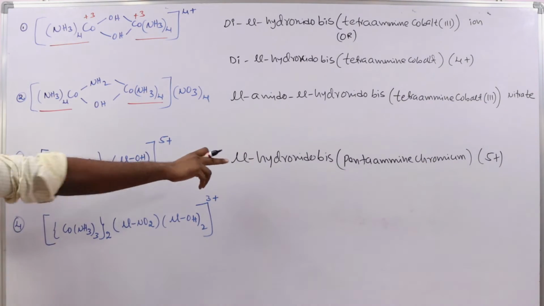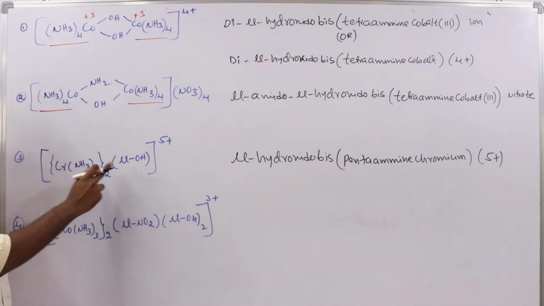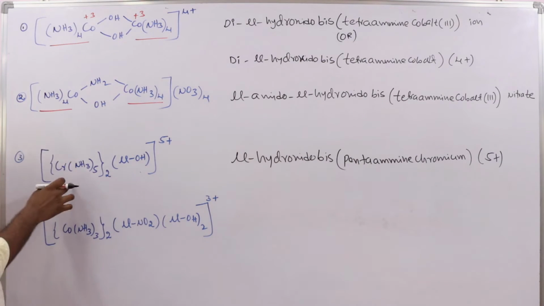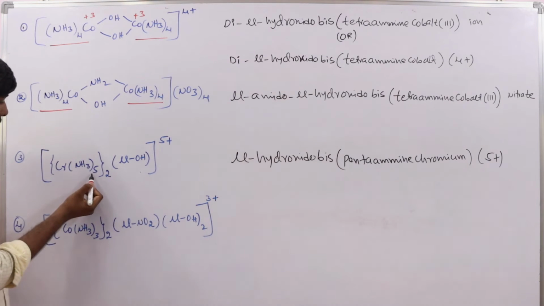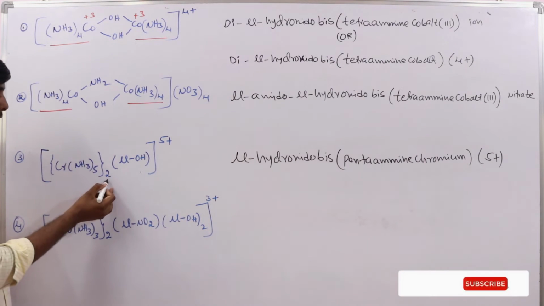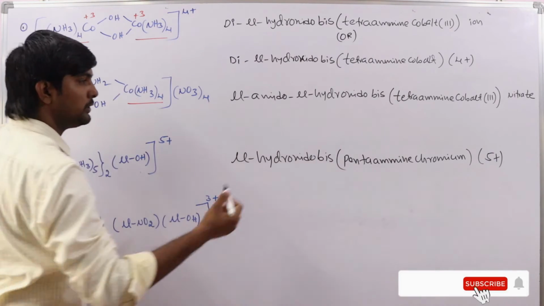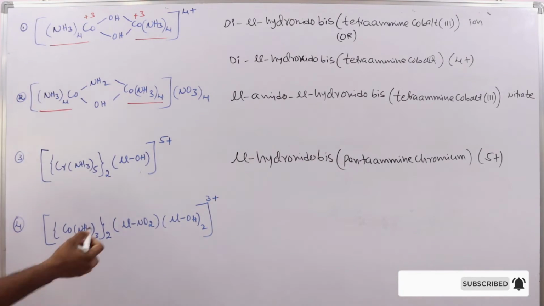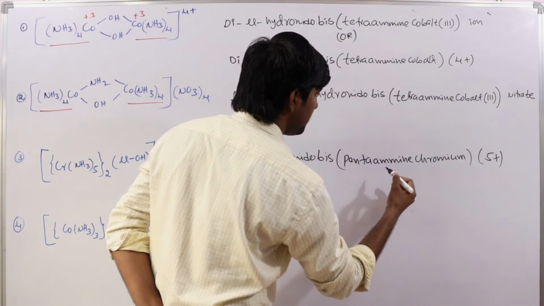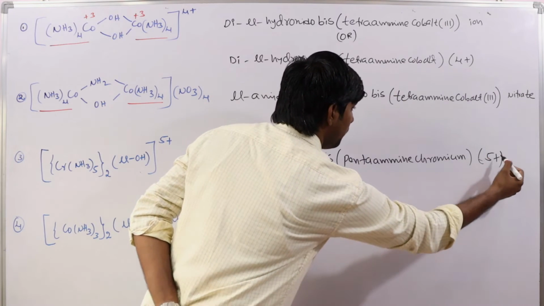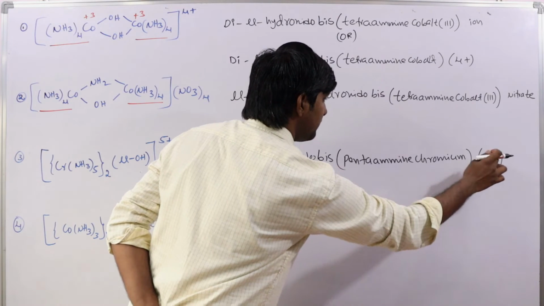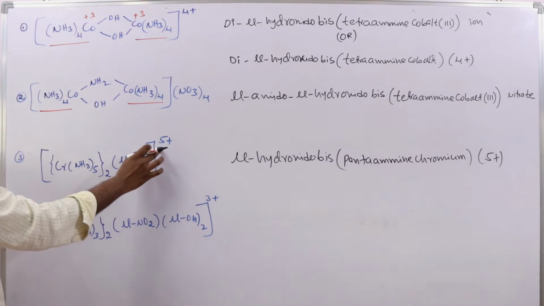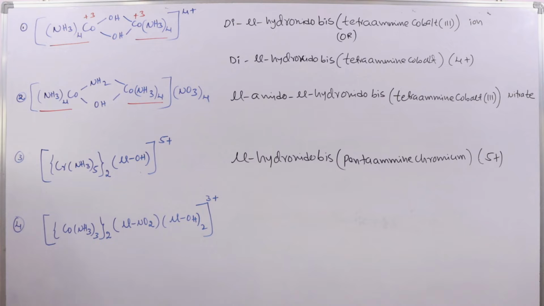So mu hydroxido, the first bridged ligand name, and then bis pentaamine chromium, because this pentaamine chromium unit is repeating 2 times, so we use bis. So mu hydroxido bis pentaamine chromium 5 plus. Close the bracket here, and again within brackets we write the charge present on the coordination sphere.